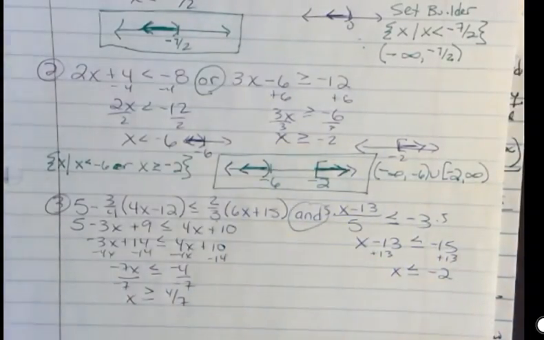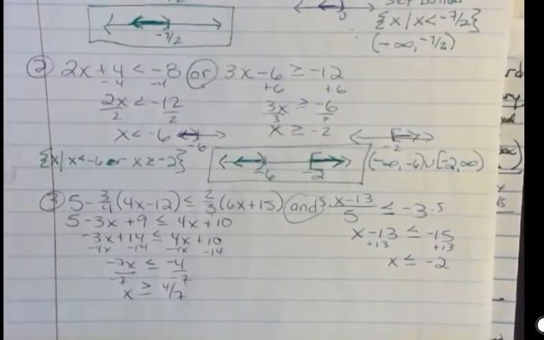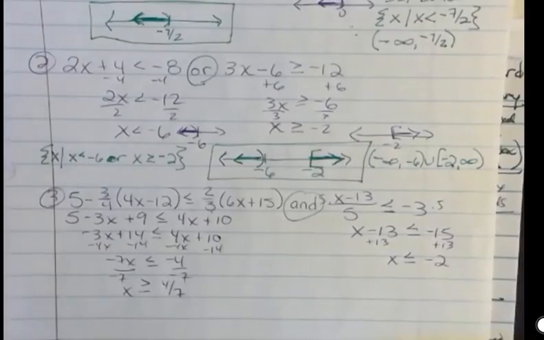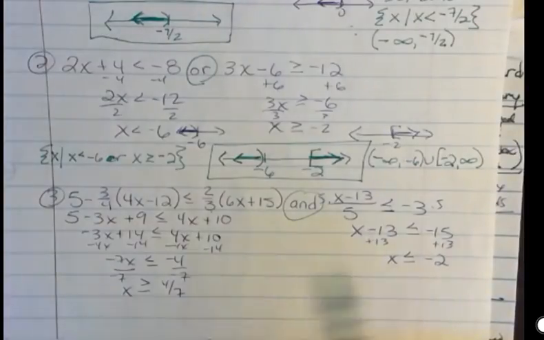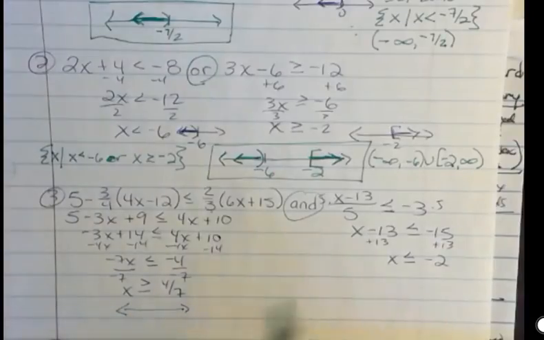So again, I'm looking for where they intersect. And the other video that I have that shows you graphing gets you to this point and then has your graph. So it's nice to watch that one to learn about the graphing. But what I have for this one is a graph that goes from 4/7 forever to the right.